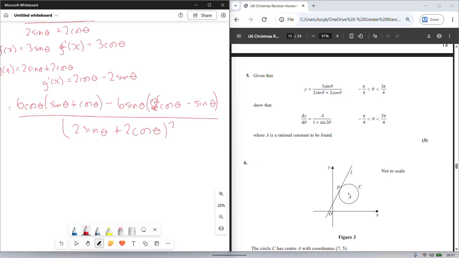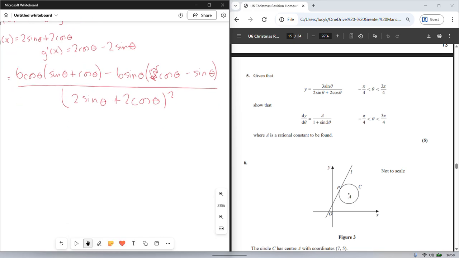So this thing here is differentiated, but obviously it doesn't look like the form we want. So what I would do is first of all sort out the top bit, because I can see the bottom bit I'm going to have to do some manipulation with, but the top bit, if we expand it out, things might cancel out and look a little bit nicer.